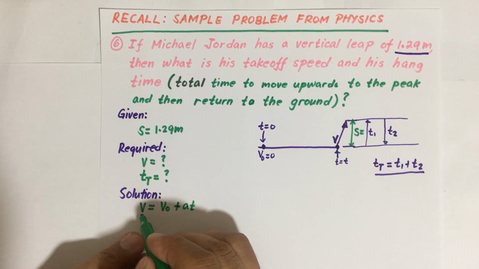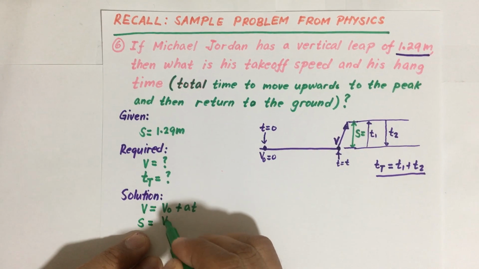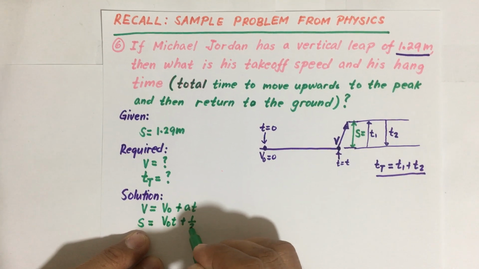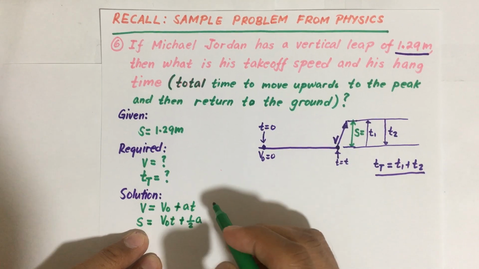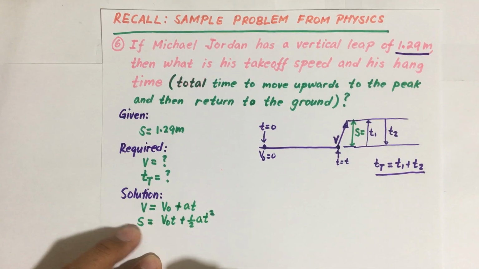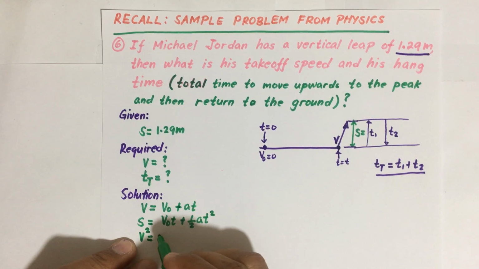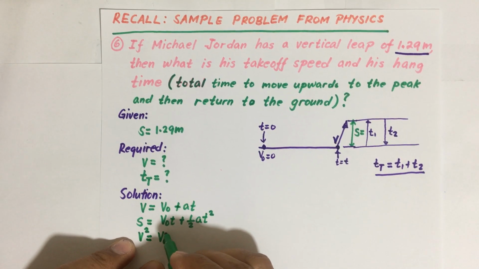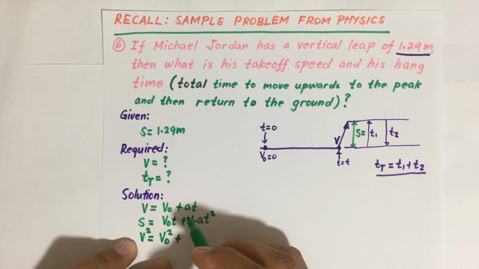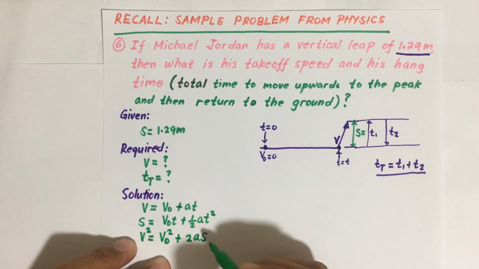The other one is the displacement s equal to initial velocity times time plus 1/2 times acceleration times time squared. And finally we have the square of the final velocity equal to the initial velocity squared plus twice the product of the acceleration and the displacement.